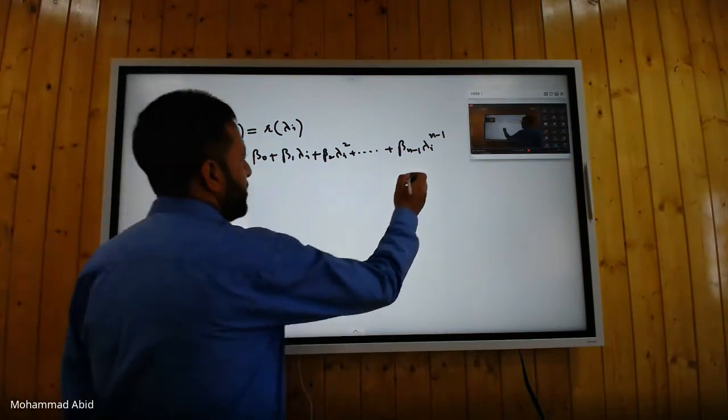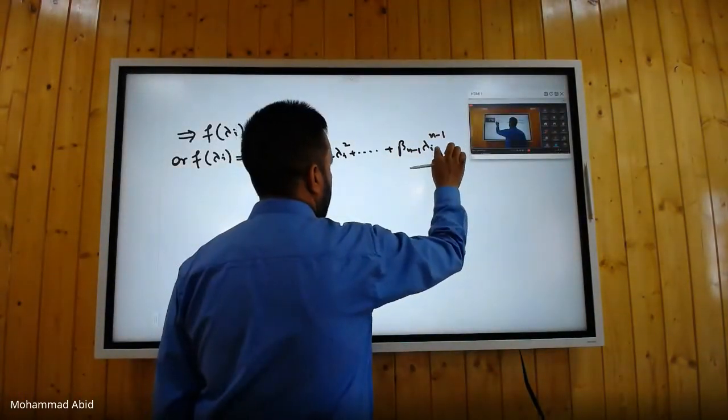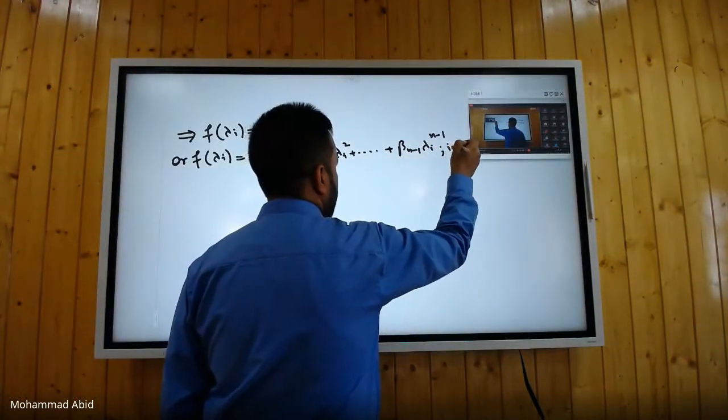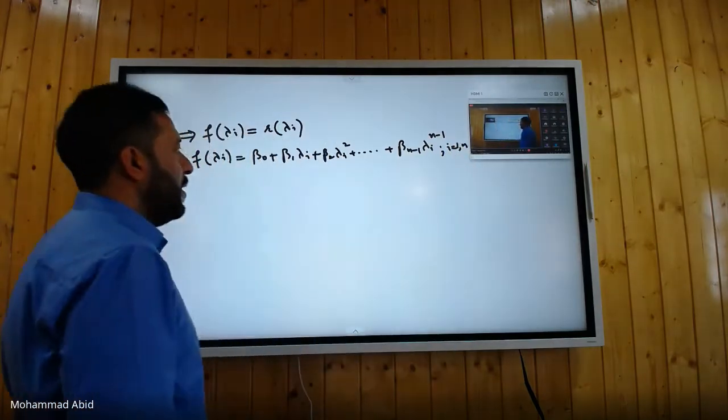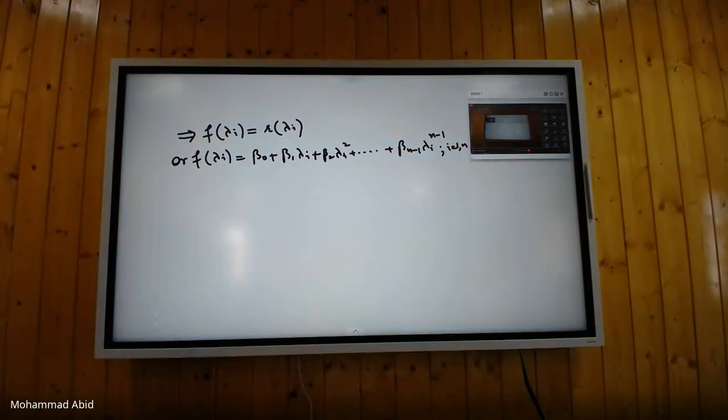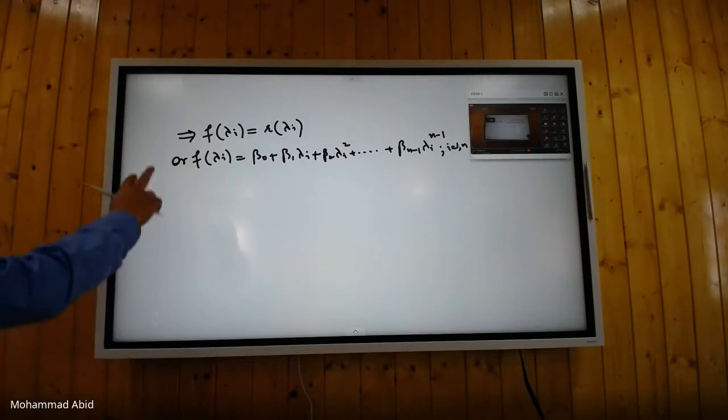The index i runs from 1 to n because these are the eigenvalues. So if I go on substituting the values of i equal to 1 up to n, how many equations will I get?